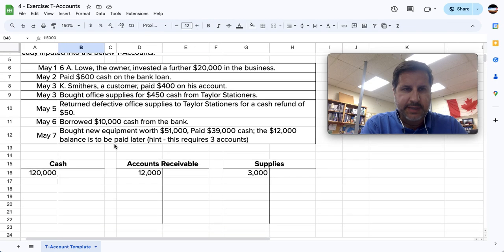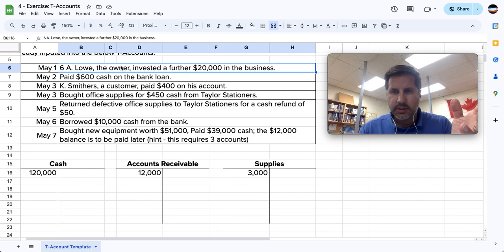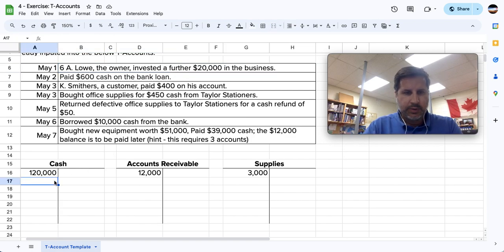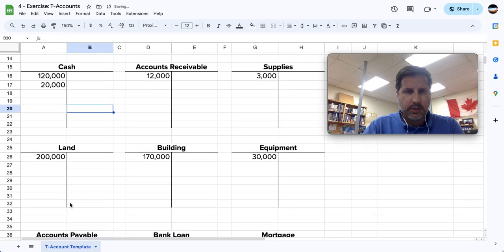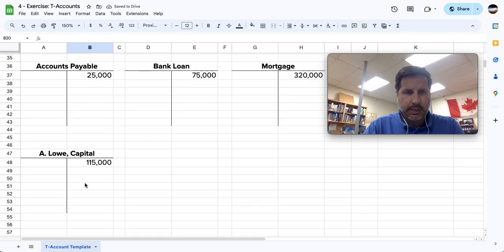So let's do some transactions. Owner invested $20,000 in the business. We know cash is going to go up. We know capital is going to go up. So cash goes up with a debit, 20,000. And then I'm going to go to capital. And capital also goes up. Capital increases with a credit, 20,000.